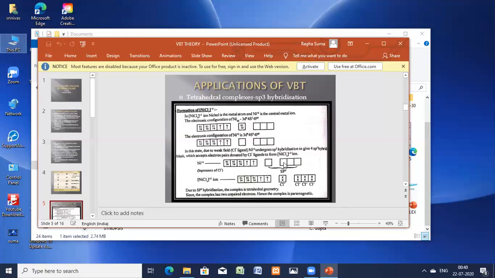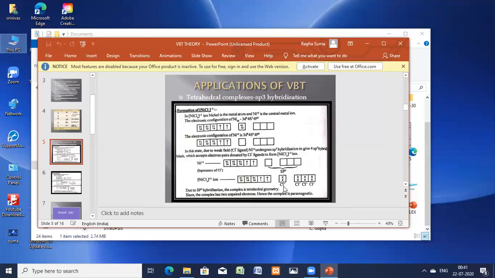Okay, 4 directions there. Now the chloride ions have approached the nickel ion. So 4 chloride ions, weak field chloride ions. Because this is weak field, they are not getting paired up. Okay, so 4 empty orbitals, 4 chloride ions.